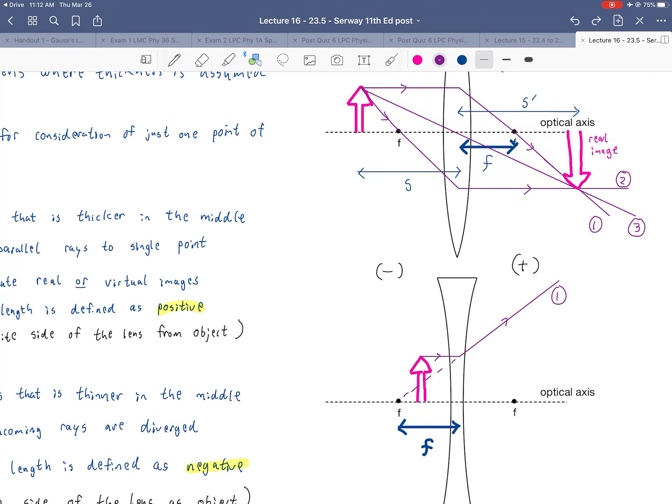So what am I doing? Let's see. This is one that would be passing through and then come out parallel. So it should be like this, and then come out parallel like that. Okay, let me just think about this.